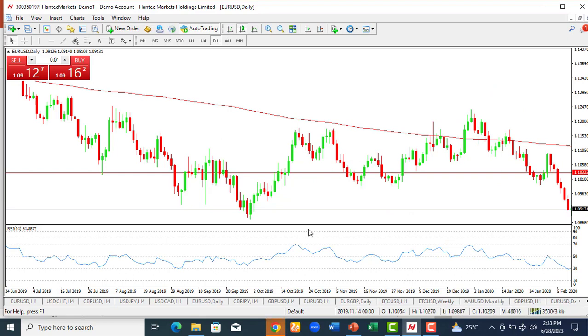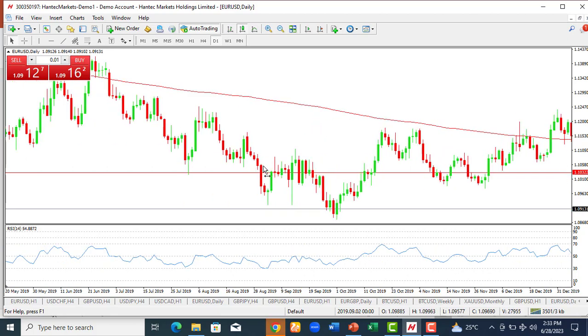Now look at this very well. I've seen a very good one. You will find out that the market was making a particular formation, lower lows, and the oscillator making higher lows.